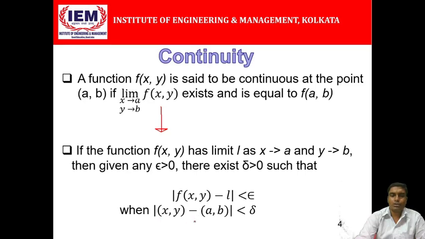So here we are considering the point a, b. That is the only difference between the limit and continuity. In the limit, it need not be equal to f of a, b. It might be some other value. For continuity, this limit should be exactly equal to f of a, b.